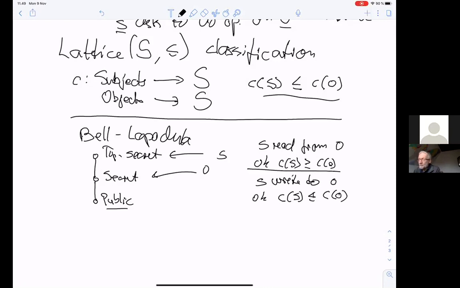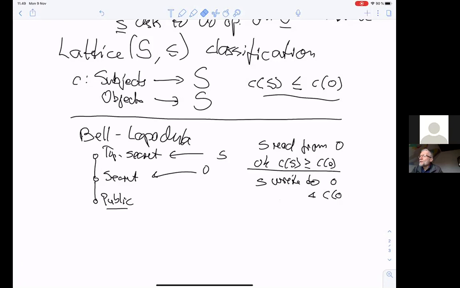So the idea here is that you do not want someone who is on top secret level to write to the lower levels here, because that might mean that he's revealing data to a lower security level that he shouldn't be revealing. But it's okay that a guy on the public level here writes files that are top secret, because that doesn't reveal any information that should not be revealed.